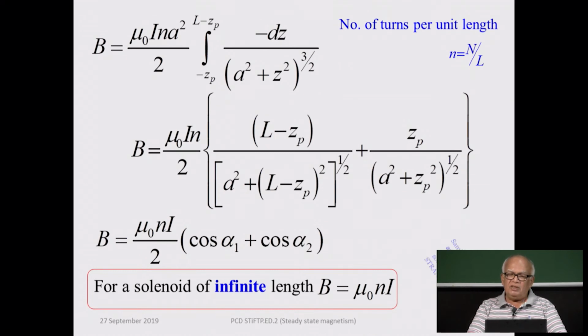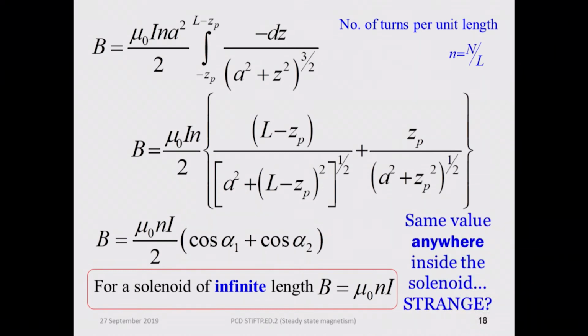Now, what is amazing about this result is that other geometrical terms inside the solenoid do not appear anywhere. It does not demand that it has to be on the axis, it does not demand that it has to be at any particular position, which means that in the entire solenoid, the magnetic field is mu 0 n I, which is constant.